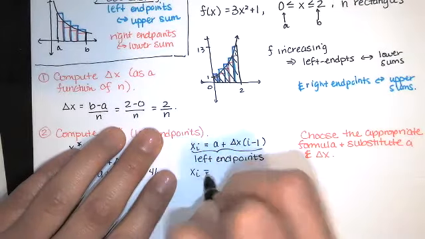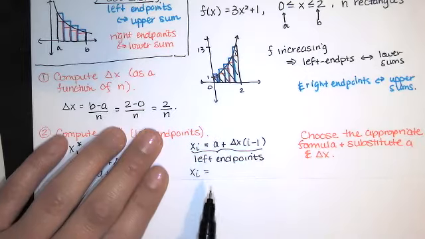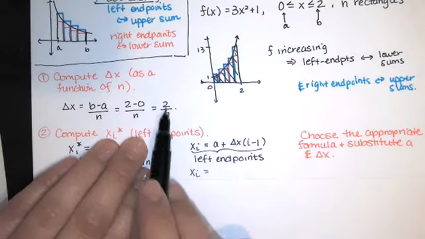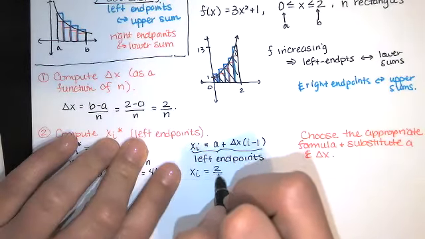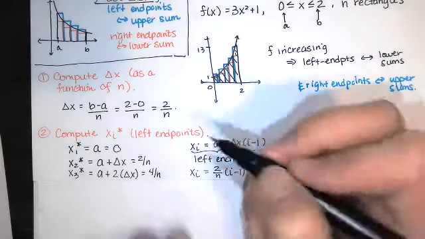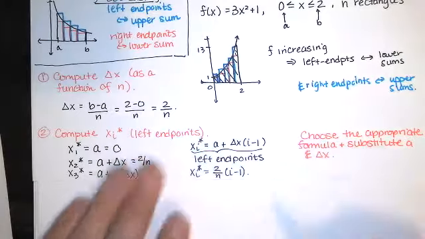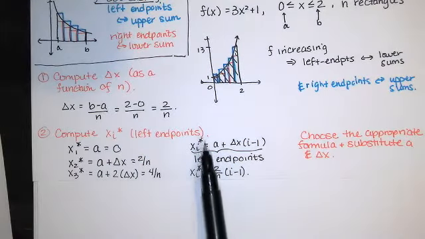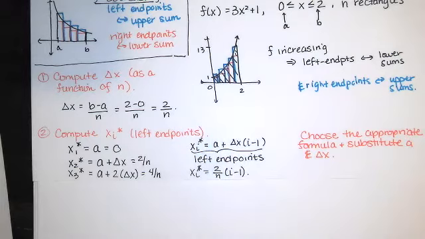So a is 0 in this case because of the interval that we're on. Delta x was 2 over n. So I've got 2 over n times the quantity i minus 1. That's my x sub i, or I guess I should call it x sub i star. I'm just putting a star to say it's the chosen x value on that subinterval.